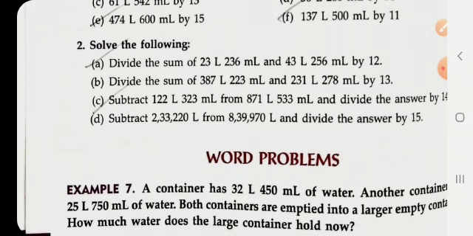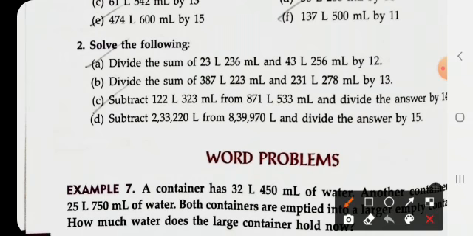Now here we have a different thing to do. Now divide the sum. Question number A, look at question number A. You will see that it says divide the sum of 23,236 milliliters and 43,256 milliliters by 12. So what you will do, you will add these two numbers.